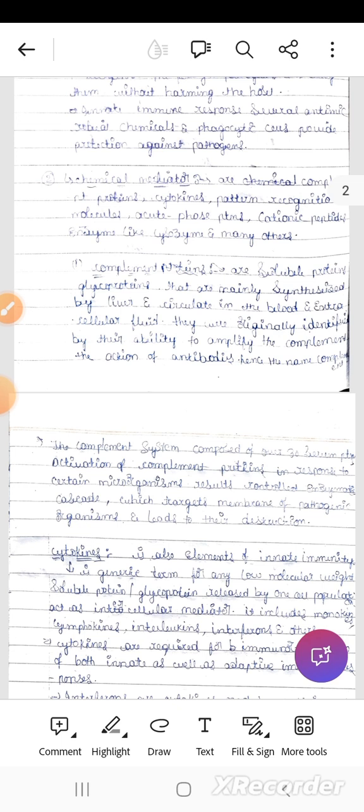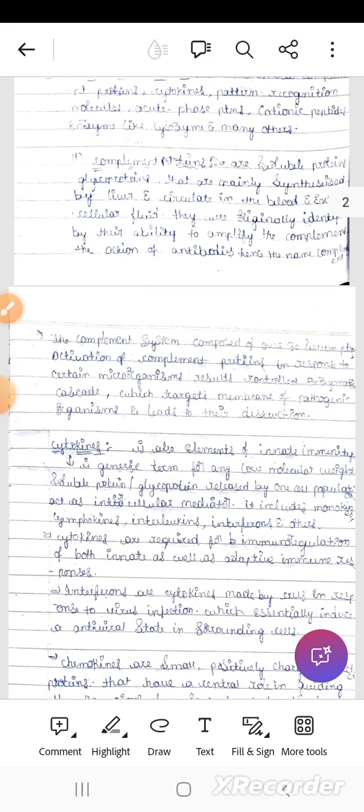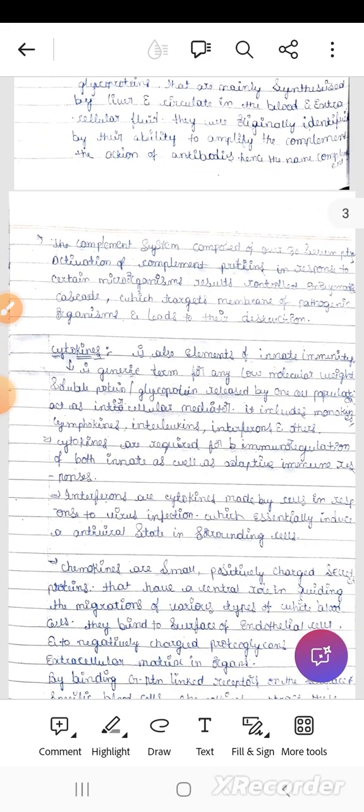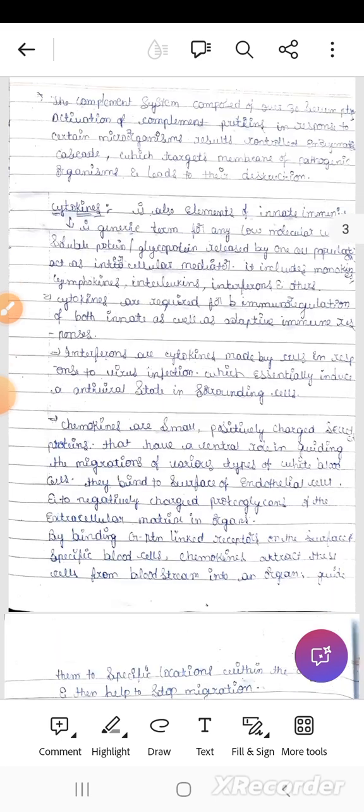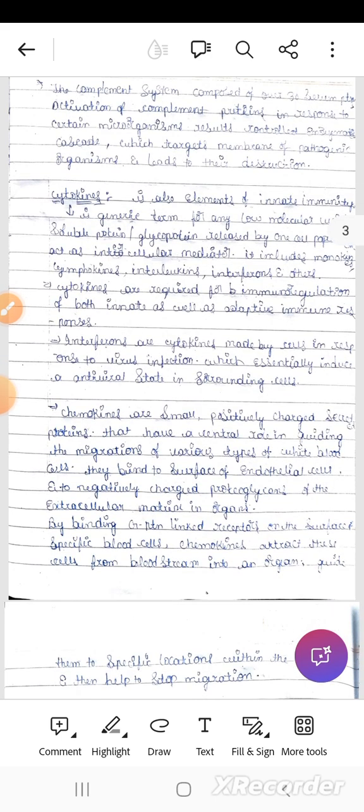They were originally identified by their ability to amplify, or complement, the action of antibodies, hence the name complement. The complement system is composed of over 30 serum proteins. Activation of complement proteins in response to certain microorganisms results in a controlled enzymatic cascade which targets the membrane of pathogenic organisms and leads to their destruction.